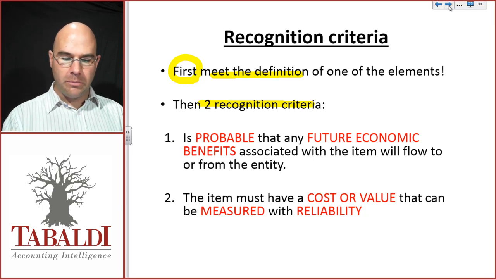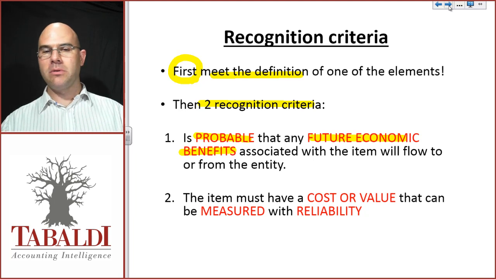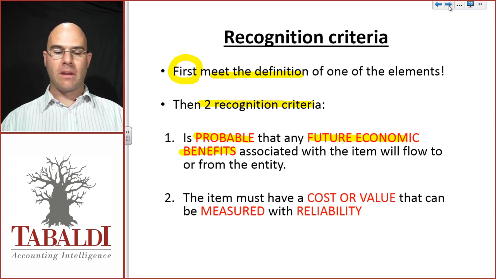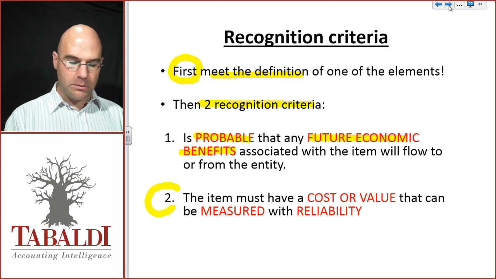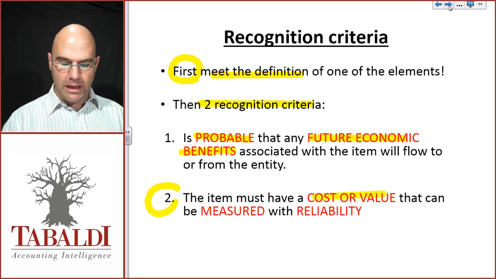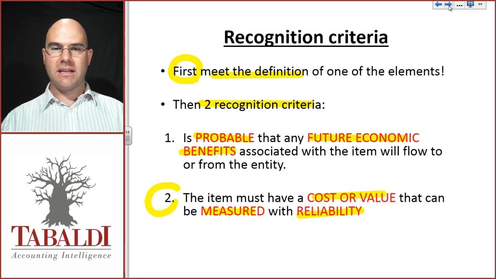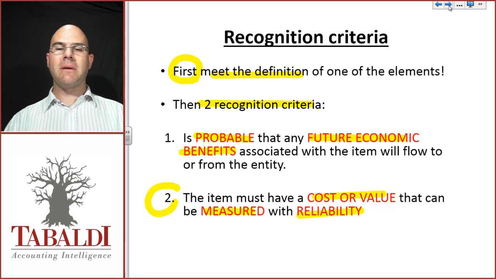First of all, the probability of future economic benefits, whether it is probable that there will be a future inflow or outflow. Then the second item that must be complied with is this item must have a cost or value that can be measured with reliability. Now, reliability doesn't mean 100% perfection, but we must be able to make some type of reliable estimate at least about the valuation.